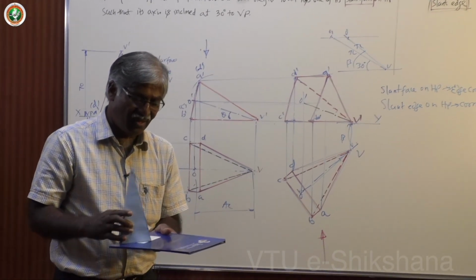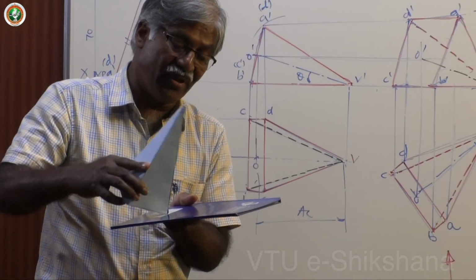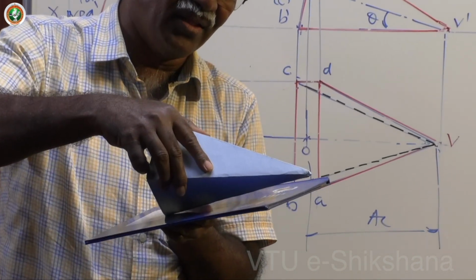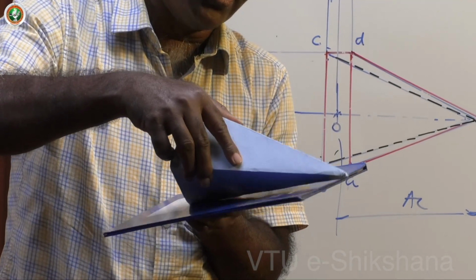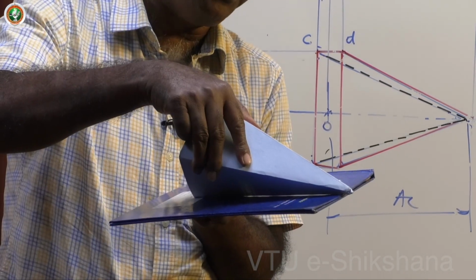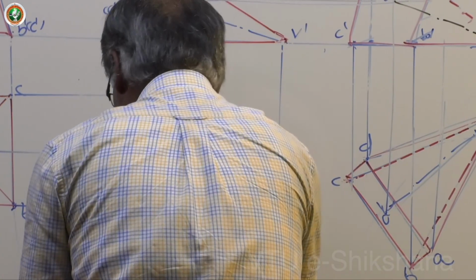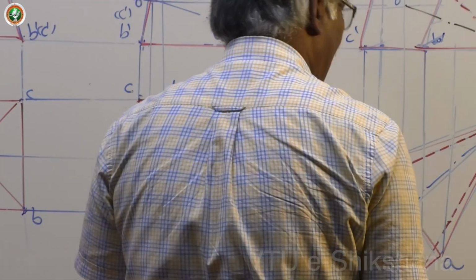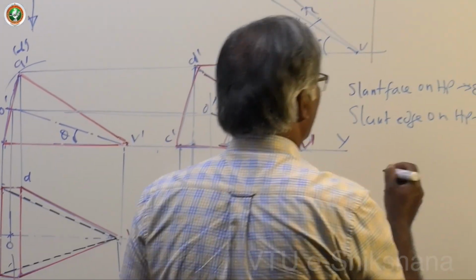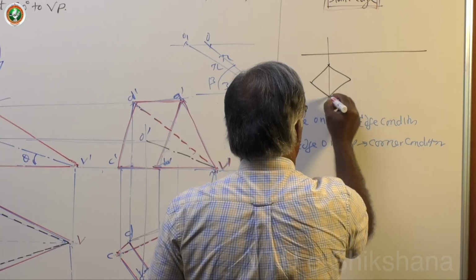First position, second position, the corner condition you should take, then it becomes slant edge on HP. First position, second position. Okay. So you must follow specifically corner condition with diagonal parallel to XY line. I will give a simple sketch. Okay.